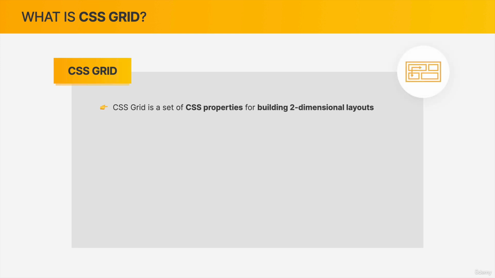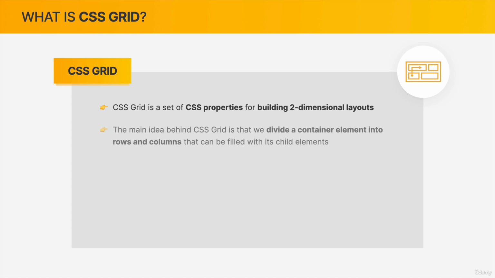And when CSS Grid was first developed and brought into browsers a couple of years ago, the main idea behind it was that now we could divide a container element into rows and columns that we could then fill with its child elements.